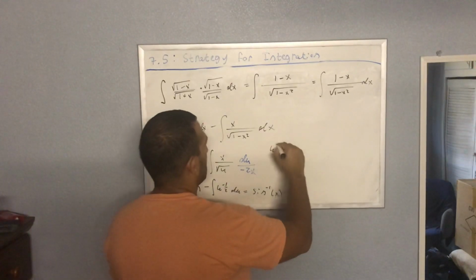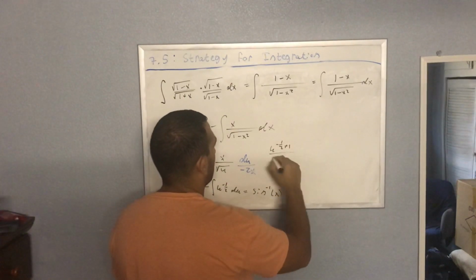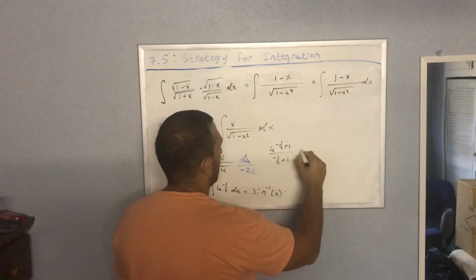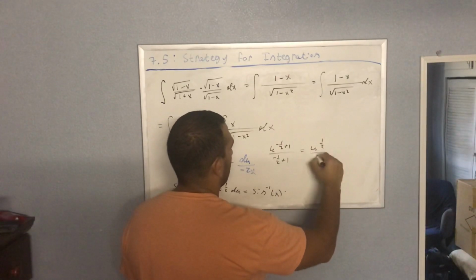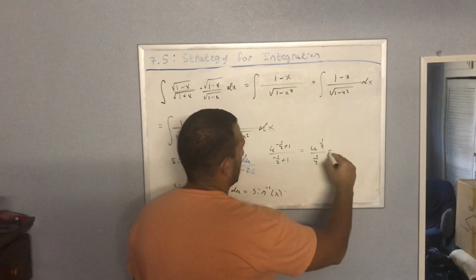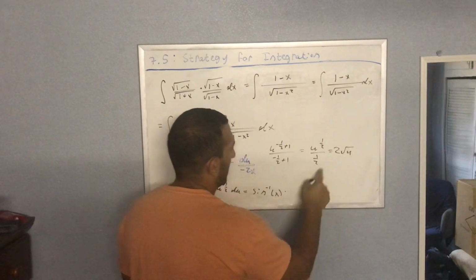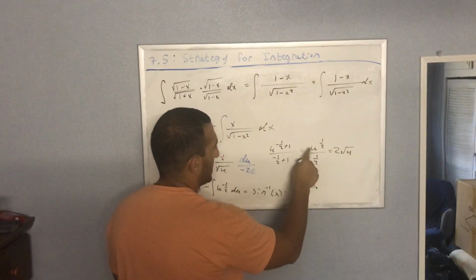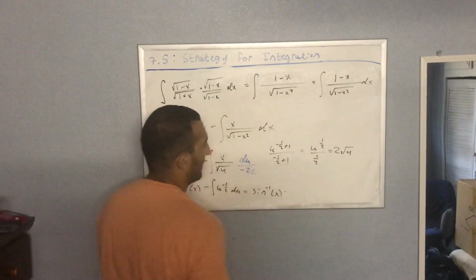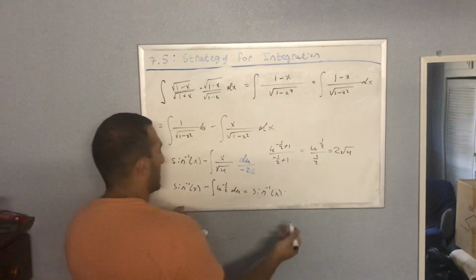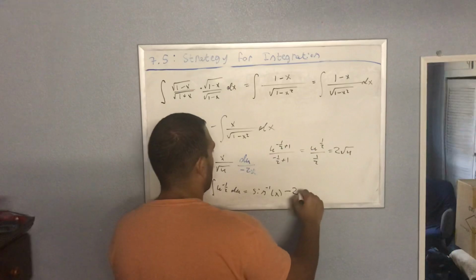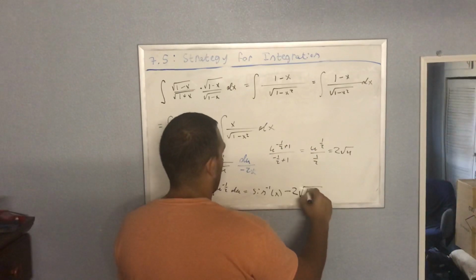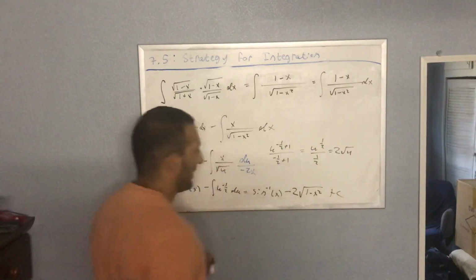So u to the negative 1/2 plus 1 over that is u to the 1/2 divided by 1/2, which is 2 times the square root of u, because dividing by 1/2 flips this up as a 2, and u to the 1/2 is root u. So this is just minus 2 root u, but what was u? 1 minus x squared.